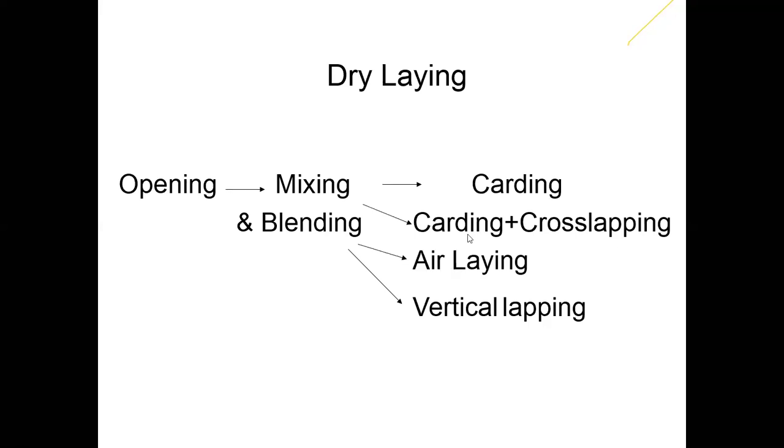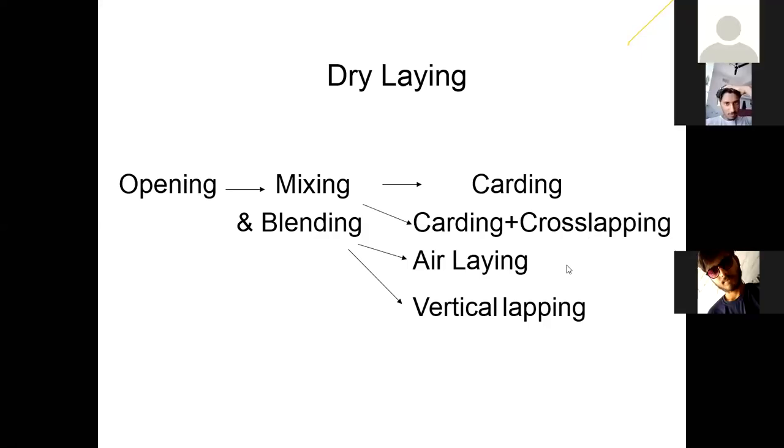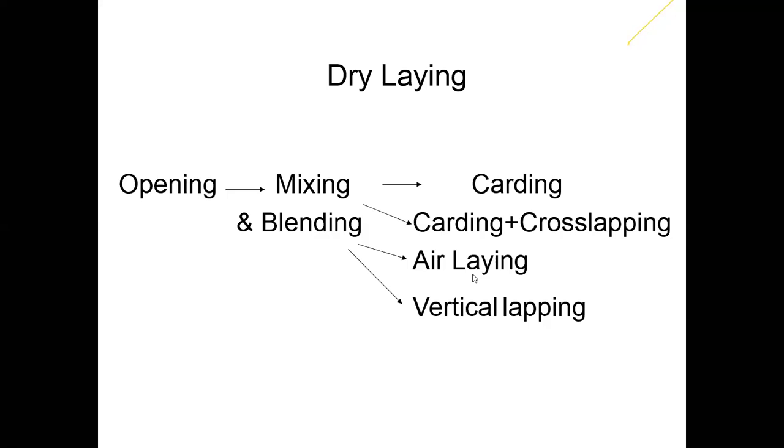So whatever fine web you are getting from the carding, with the help of a hunchback cross lapper or some other cross lapper, you can prepare a bed of fibers, means thick layers of non-woven or thick layer of fibers. And then we have an air laying technique. Air laying technique means, just like in our spinning lab, you must have seen there is a pneumatic transportation system.